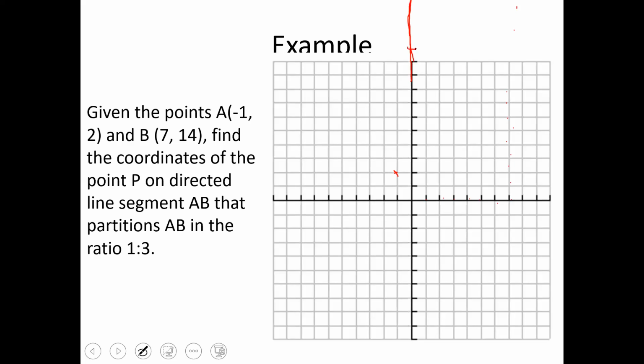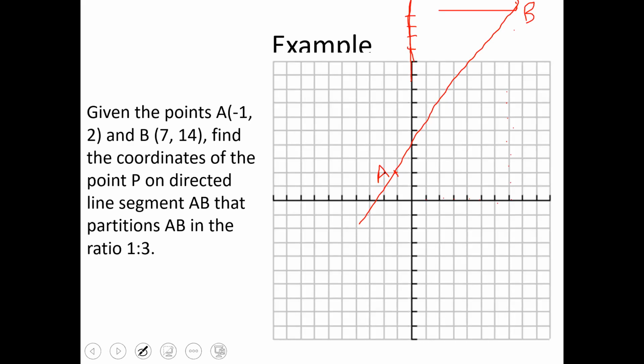Okay, 11, 12, 13, 14, all the way up to here. And I'm going to draw a straight line through that. This is B and this is A. Now we're trying to find the point on the line segment that partitions AB. Well, what's the slope?